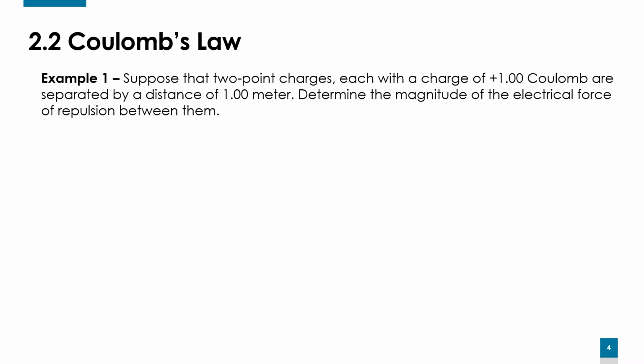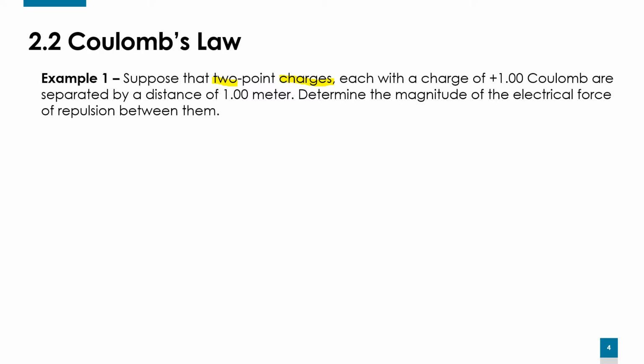And then the second time, highlight the main units you were talking about, and the main variables you're talking about. So I'm gonna read again slowly, but point out the units that I have, the variables that I have. Suppose that 2-point charges, so I talk about 2 charges here, each with a charge of 1 coulomb.